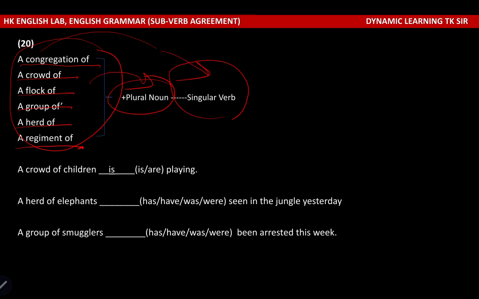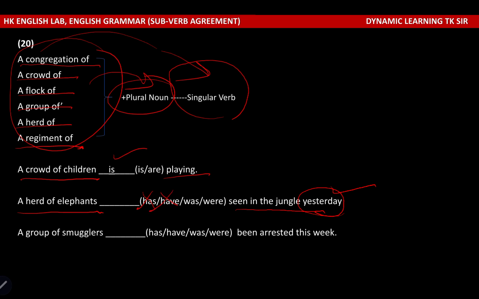Like if I say a crowd of children, together they make one single unit. A collective noun. A herd of elephants dash seen in the jungle yesterday. Look here, the time phrase is yesterday, so has is omitted, have is omitted.